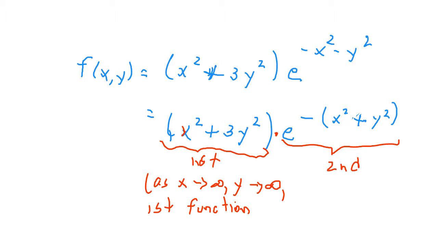This x squared plus 3y squared. What does that function do as x gets large and y gets large? It grows, clearly. X squared, right, Norina, very good. This first function grows.